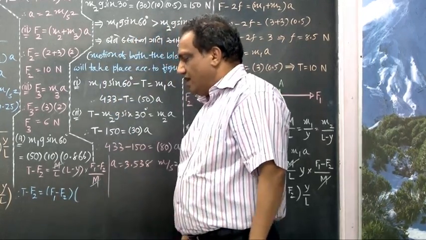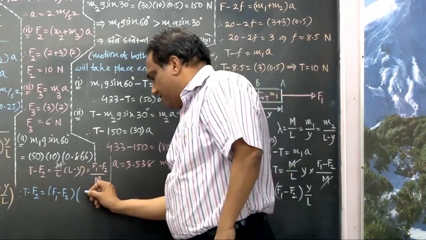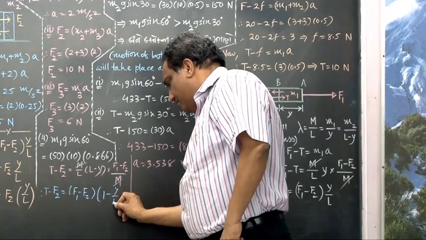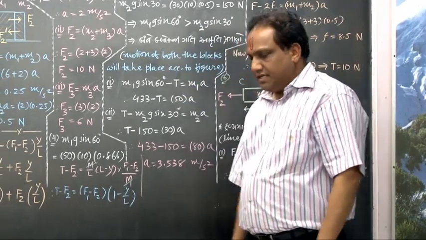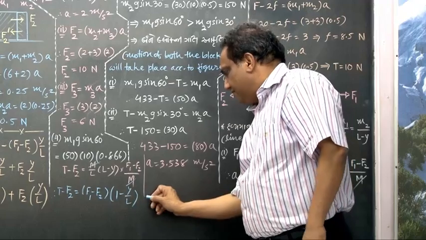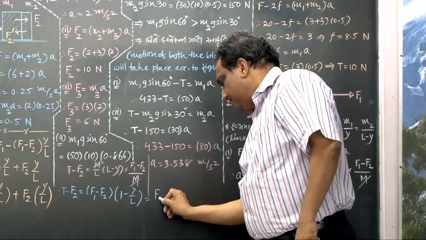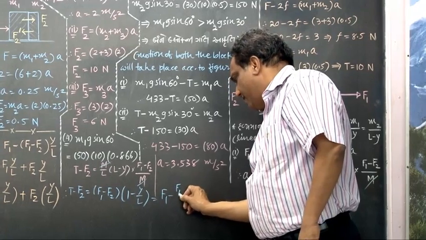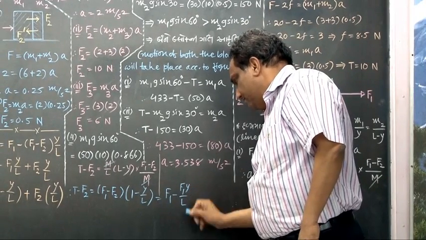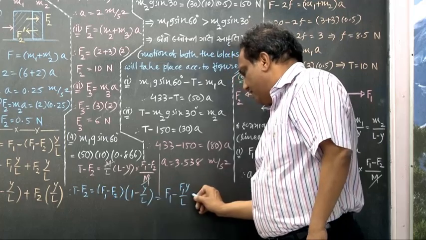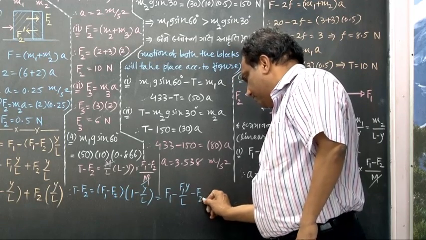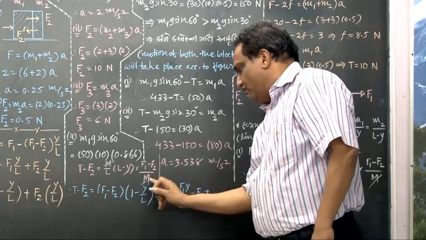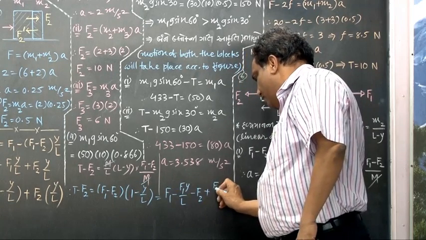Let me separate the denominator here: L upon L, that is 1, minus Y upon L. F1 into 1, that is F1, minus F1 Y upon L. Minus F2 into 1, minus F2, and minus minus plus F2 Y upon L.